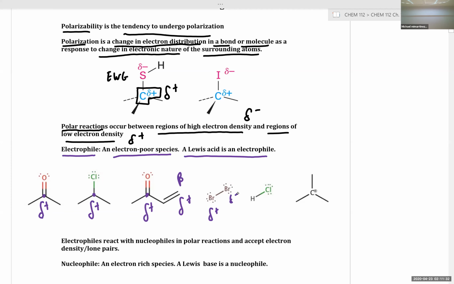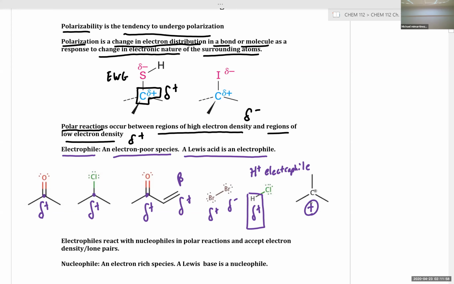We can think of it as one bromine having a building positive charge and one bromine having a building negative charge. Hydrochloric acid, the acidic proton is electrophilic, so H plus is an electrophile. And carbocations are electrophilic. In this case, we have a formal positive charge.